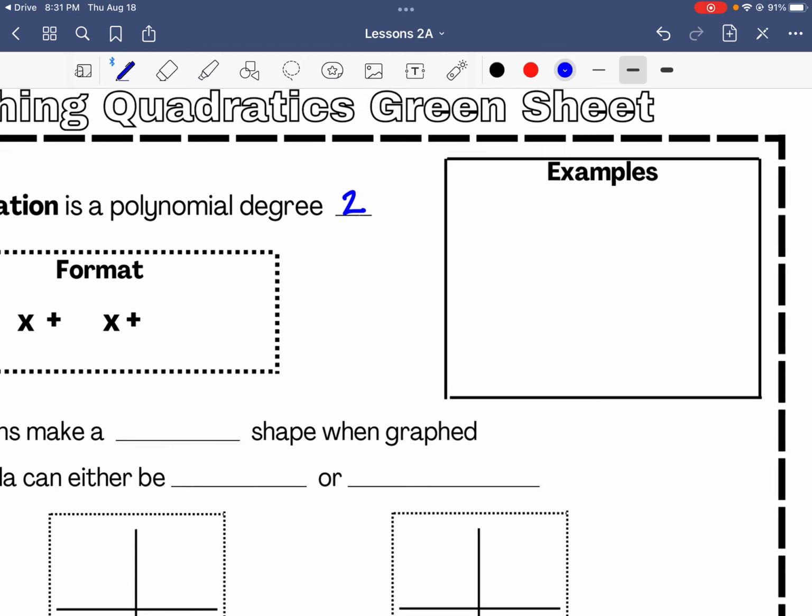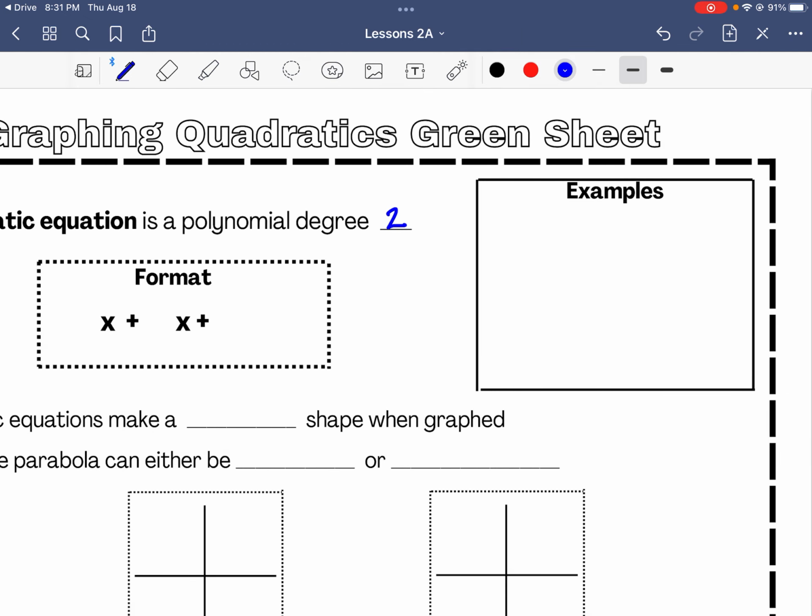So what this means is that it's going to be examples like the following. So it's going to be similar to y equals x squared plus 3x plus 10. You can have y equals x squared minus 5x minus 20.